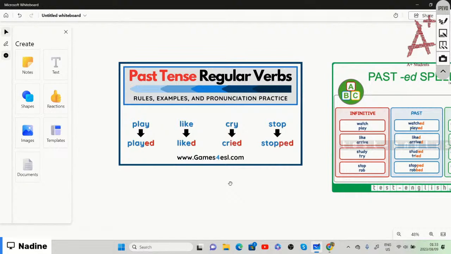So what happens here with cry is that whenever we write it within the regular past tense, the consonant Y in cry falls away and we add the IED. So now it shows cried. And then we have stopped.